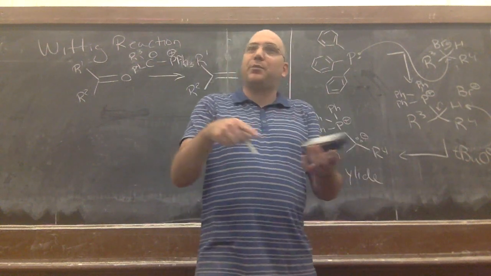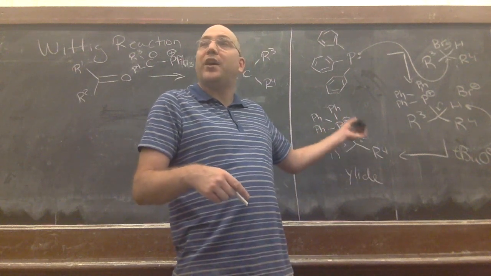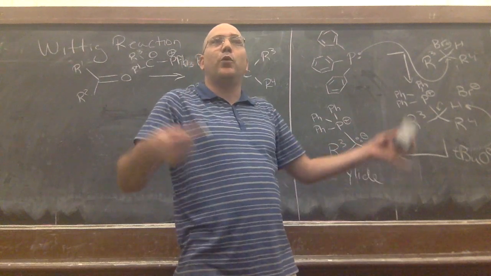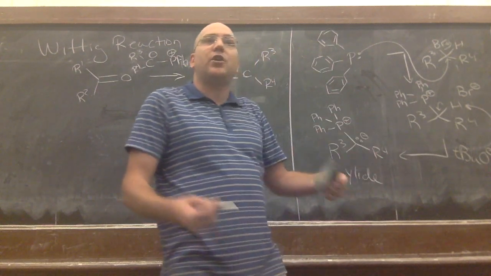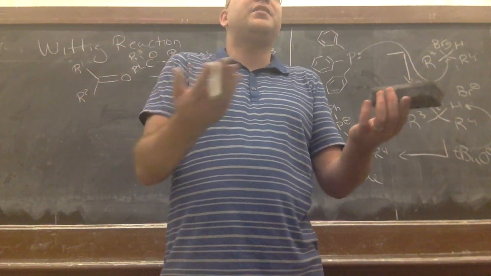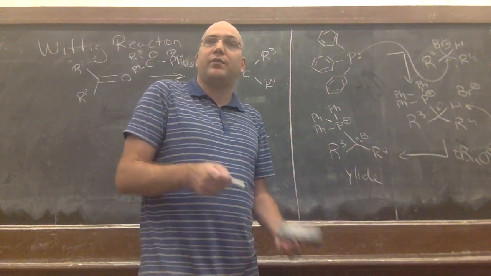Although sometimes the Wittig ylide is presented in the resonance form as well, where you have a double bond there. I'm just going to keep it as the ylide, because that's more likely how it actually exists. And this is what's called an ylide. There are several examples of this. This would be the Wittig ylide.